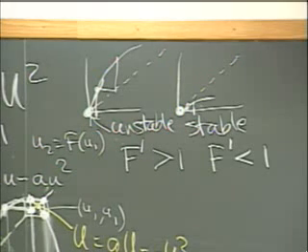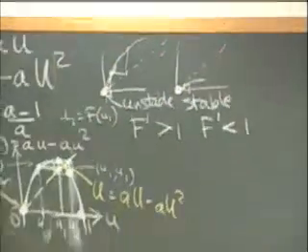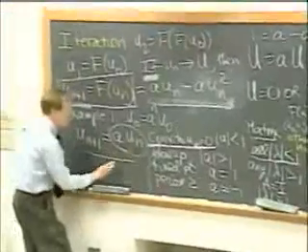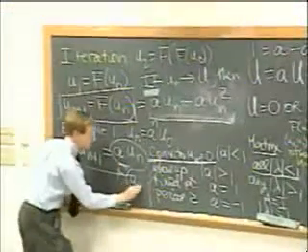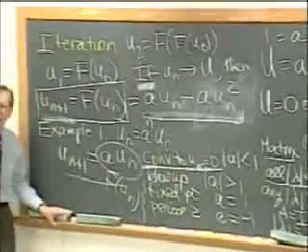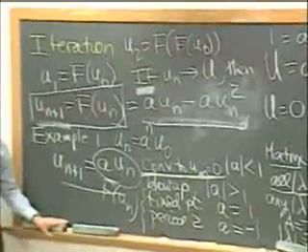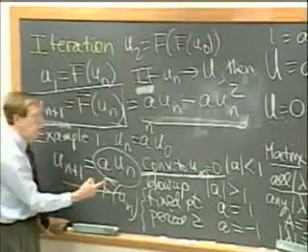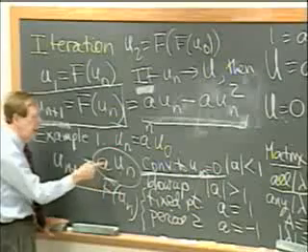I'm already here on top of the main ideas. And I can't resist bringing it back to the linear case. What was the slope when f of un was just a times un? The derivative is just a, right? The function is au, and the derivative is a.